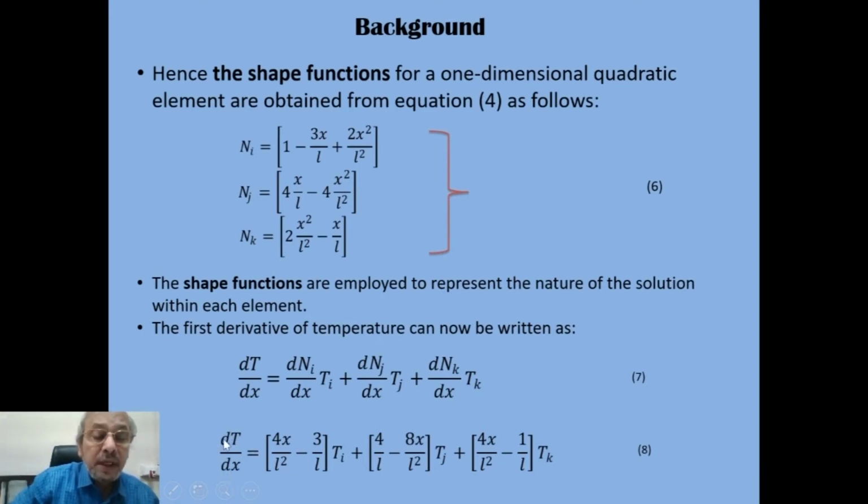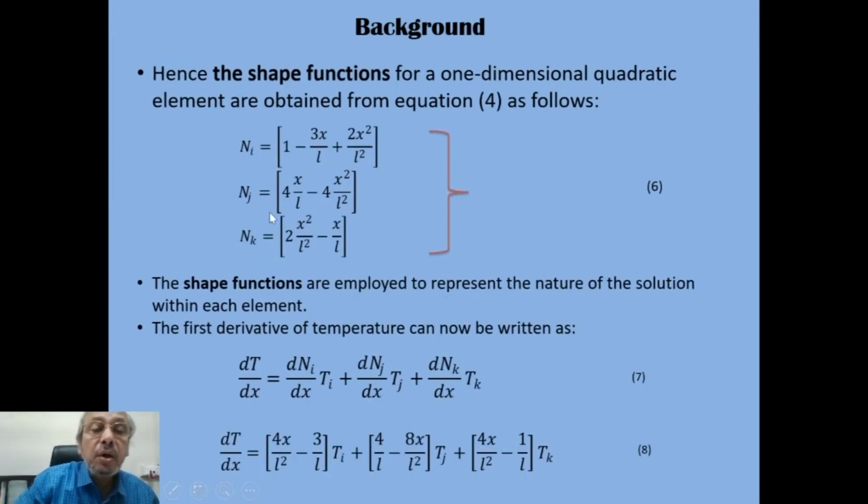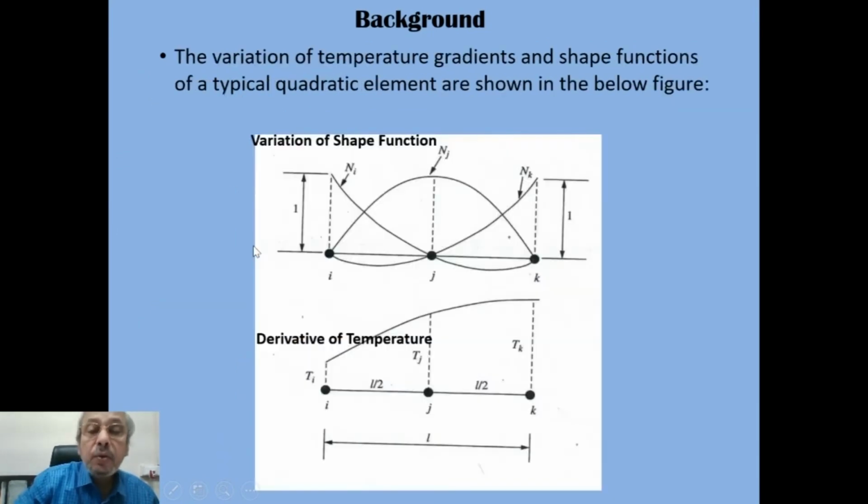If we say dT/dx as q, then we can express this expression in terms of multiplication of a row matrix and column matrix. We'll come to that a little later. Now Ni, Nj and Nk, we have plotted.